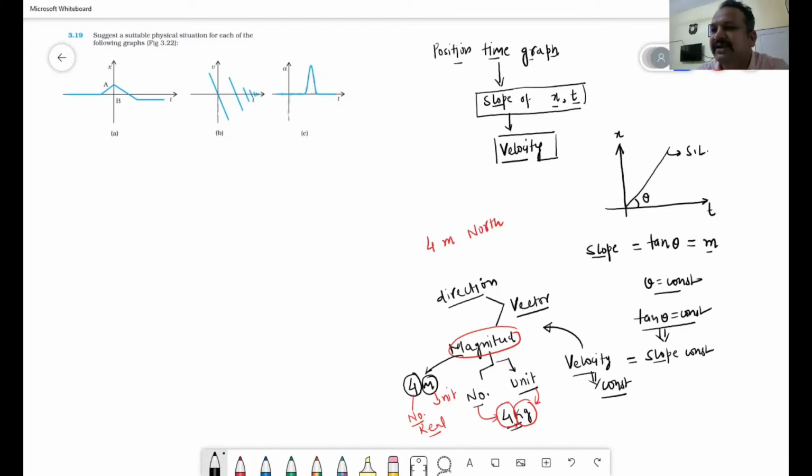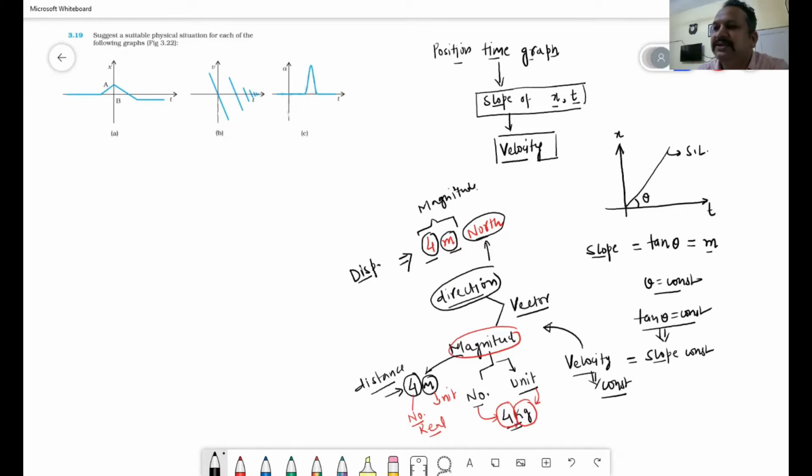It represents a vector quantity because it has direction also, combined with magnitude. So 4 meter north represents displacement, and this represents distance.